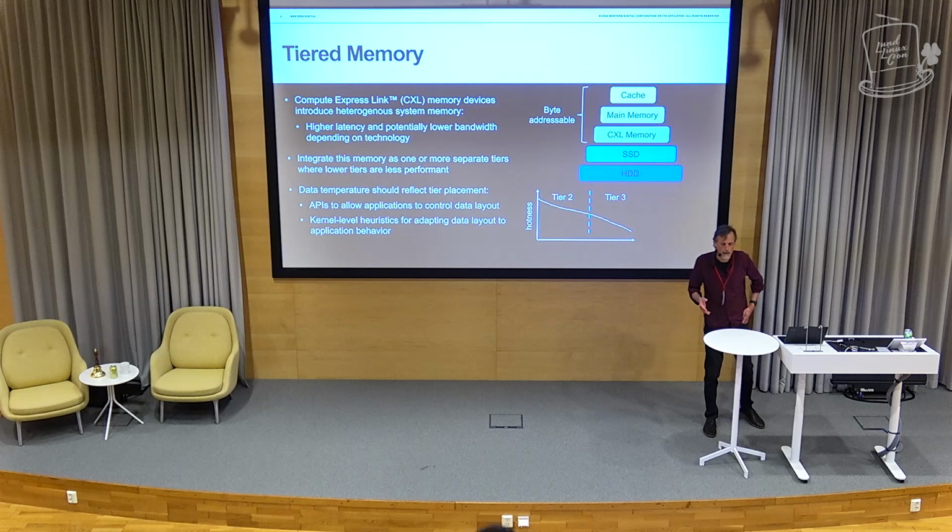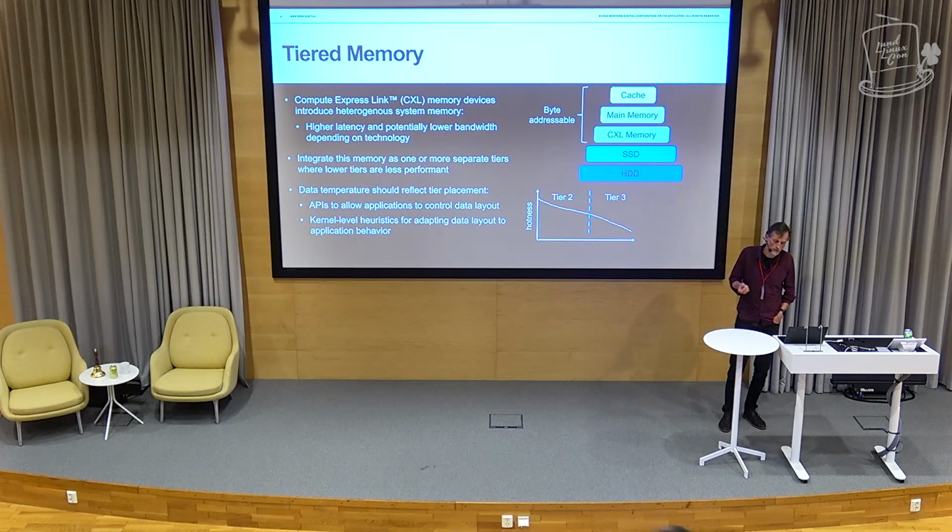memory. What Compute Express Link, or CXL, allows you is to add additional memory, essentially creating a more heterogeneous memory system, still byte addressable, probably with higher latency, and maybe different bandwidth.